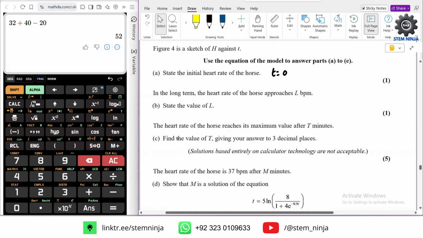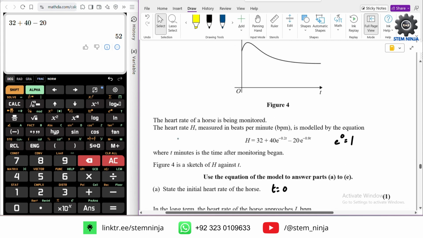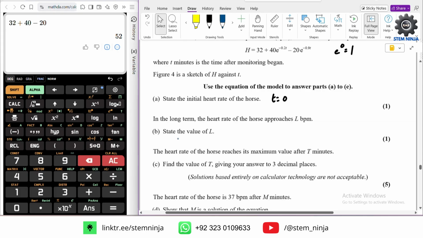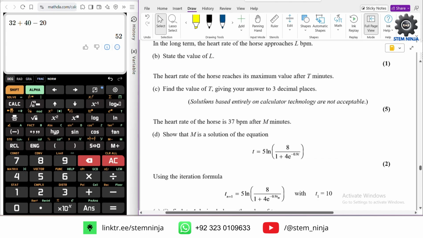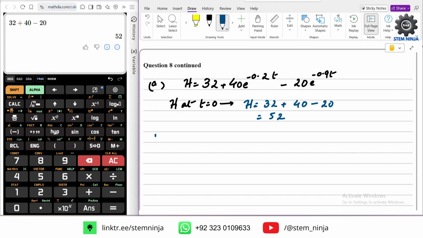In the long term, the heart rate of the horse approaches L beats per minute. State the value of L. Okay, so as x approaches infinity, e raised to power minus x approaches 0.